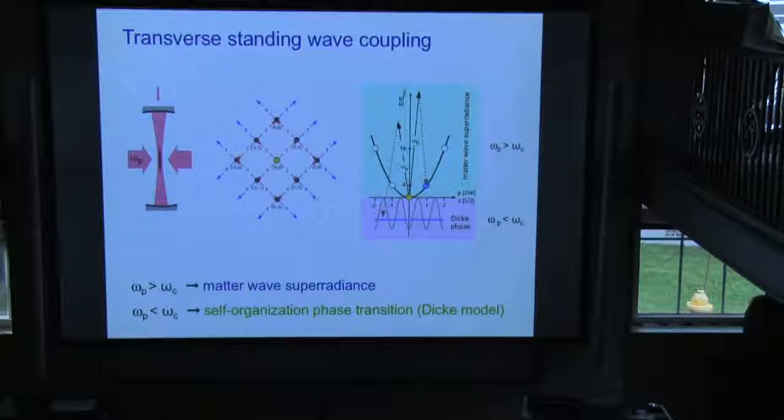But now if you shine in a red detuned beam, there's a possibility of going down into the red region of this diagram, and the fact that now you can build up a stationary lattice, this lattice that you build up here is no longer traveling but stationary.